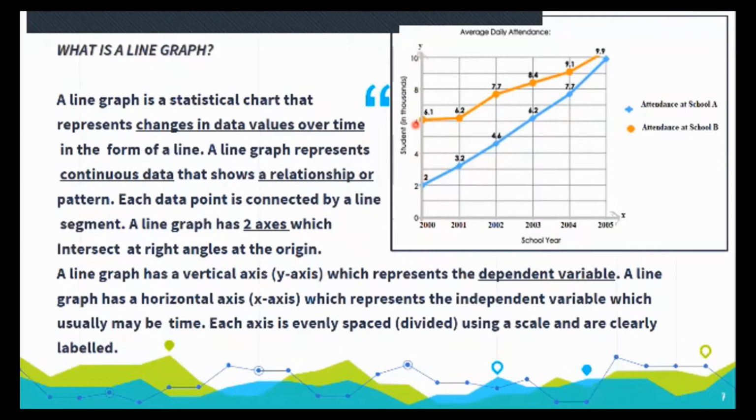And in this case, what is the dependent variable? Number of students. Yes, very good. A line graph has a horizontal axis, which is the x-axis, which represents the independent variable, which is usually time. So each axis is evenly spaced or divided by a scale, and the axes are clearly labeled.